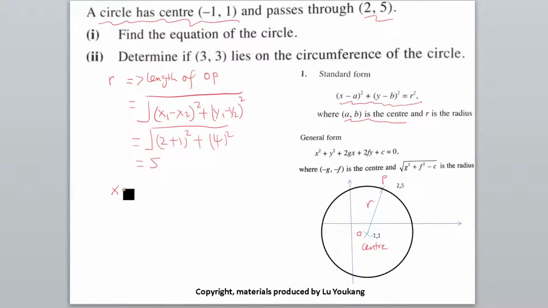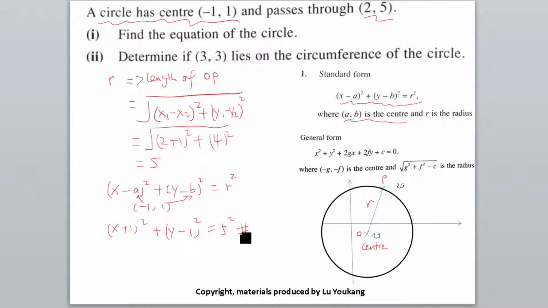Therefore, the equation of the circle is (x minus -1), which is x plus 1. Or before that, let me write down this standard equation. In this case, sub in -1 into a, sub in 1 into b, you should get (x plus 1) bracket square plus (y minus 1) bracket square equals 5 square, which is 25.